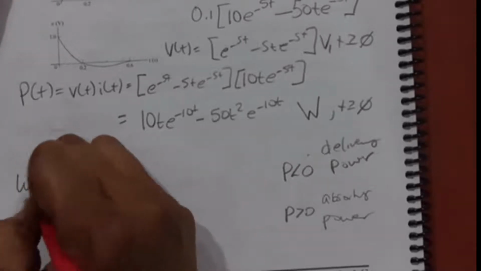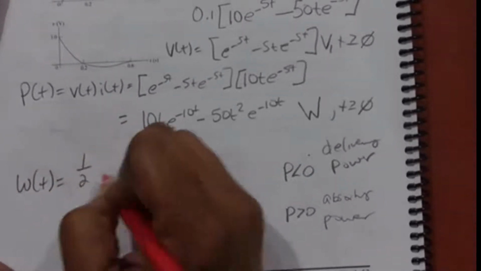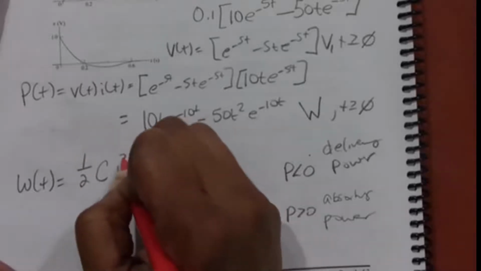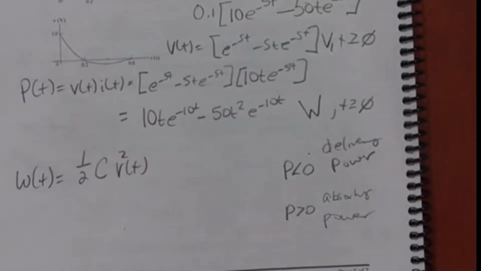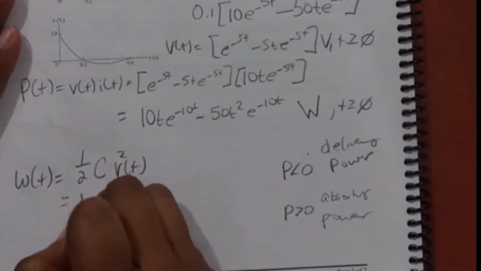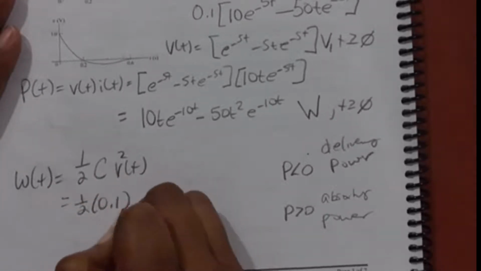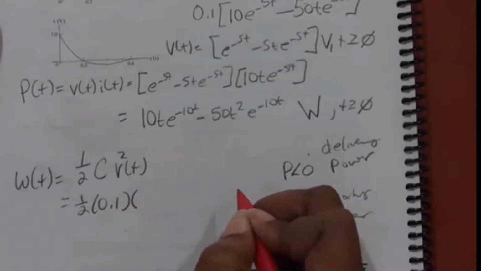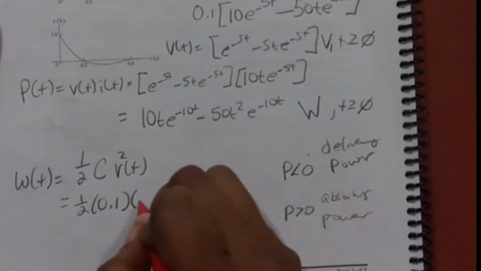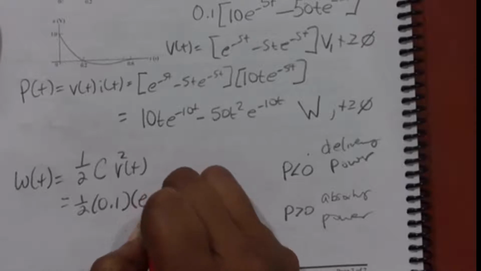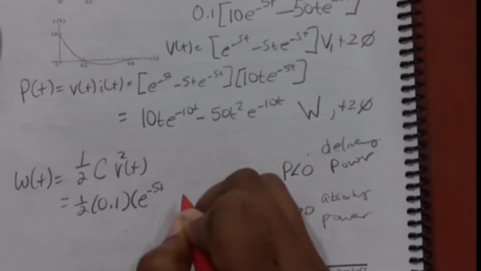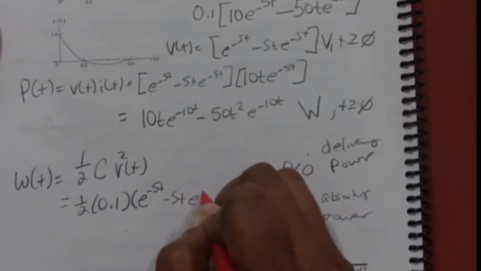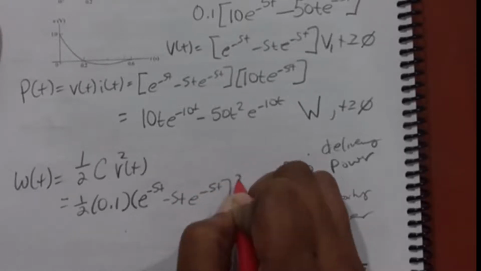And lastly, we want to find the energy. The energy is 1/2 C v of t squared, which is 1/2 times 0.1 times the voltage, e to the minus 5t minus 5t e to the minus 5t squared.